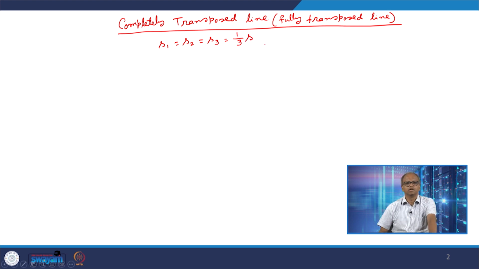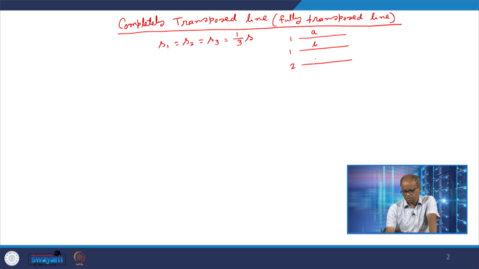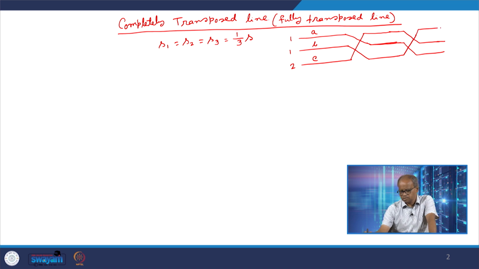So essentially these three distances, we have said that if I have three lines, this is position 1 2 3 and this is A B C, then we said that this is the case we have talked about.